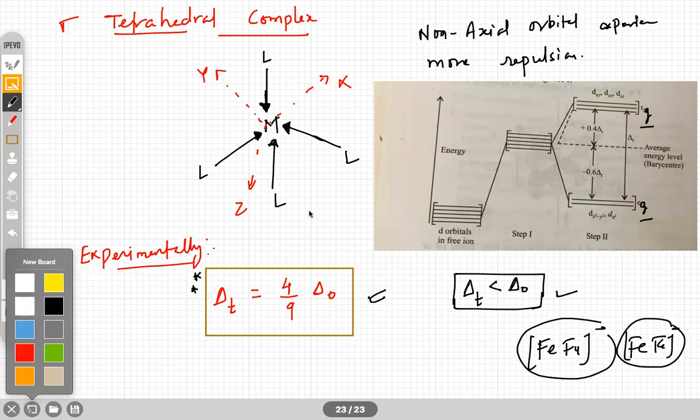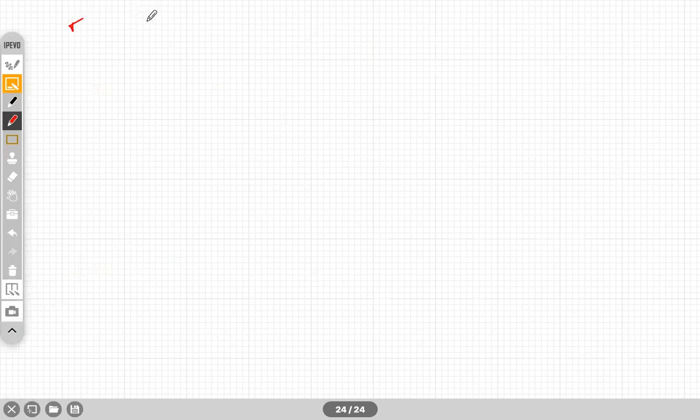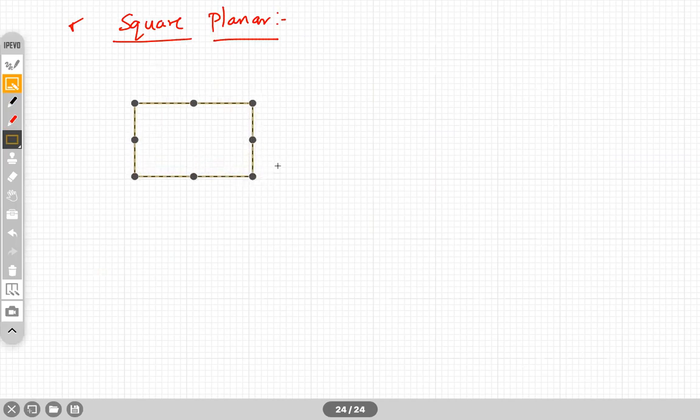Okay. Now square planar. In a square planar complex, obviously you see the structure is this, and since it is square planar, all the ligands are along this line, right? There are no ligands along the dz square orbital. Metal we have here. So one thing is sure that the dx square minus y square orbital experiences the maximum repulsion.